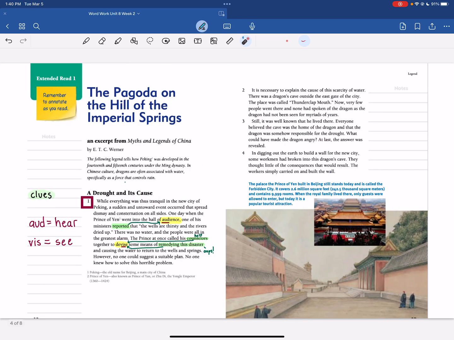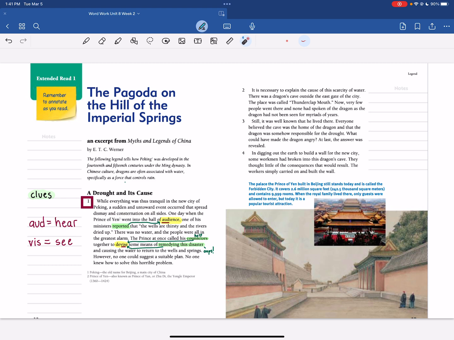Now, we read through selections of the pagoda on the hill of the Imperial Springs in order to show you what it is like to use our understanding of Latin roots and clues in the story to understand what is being said.